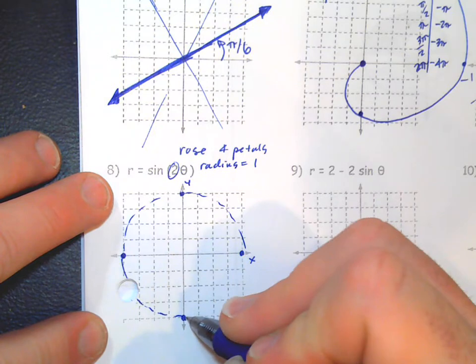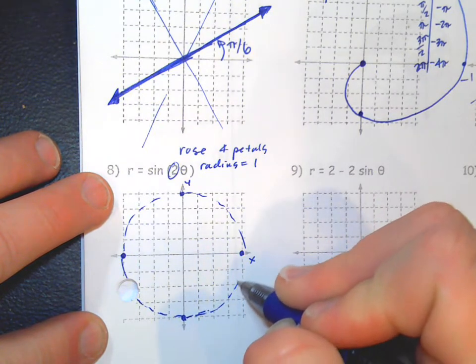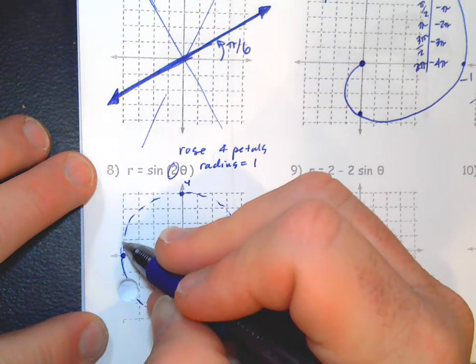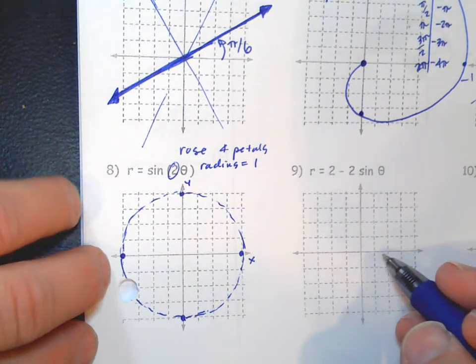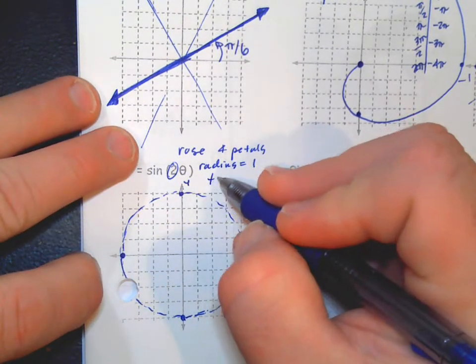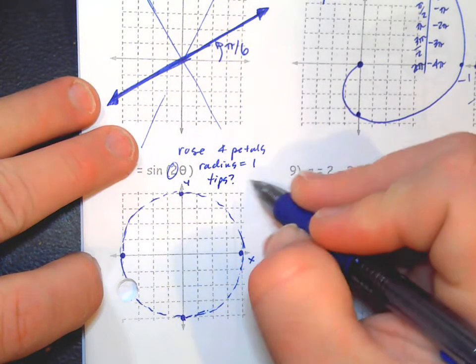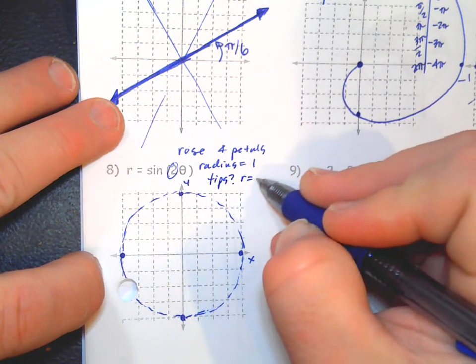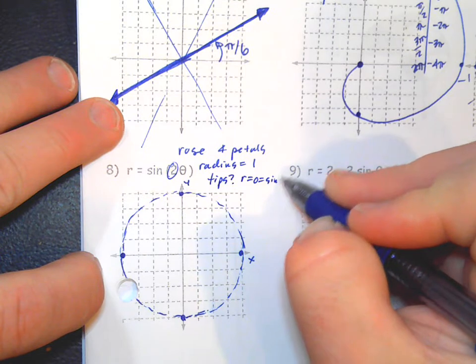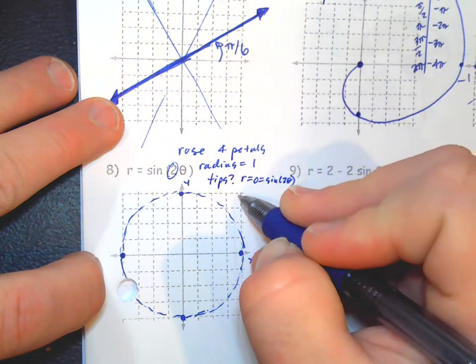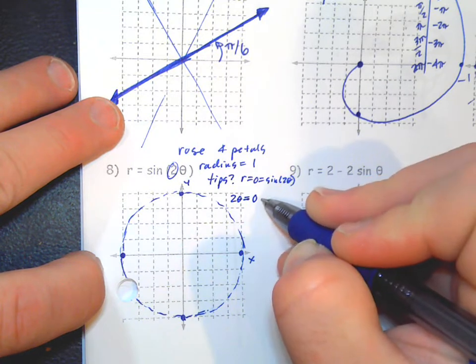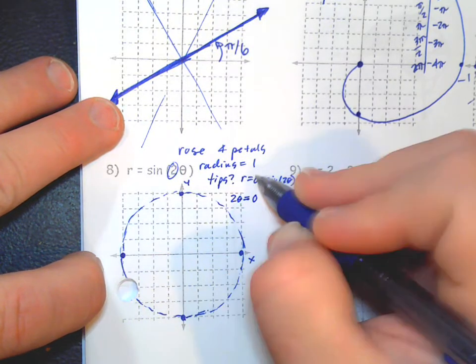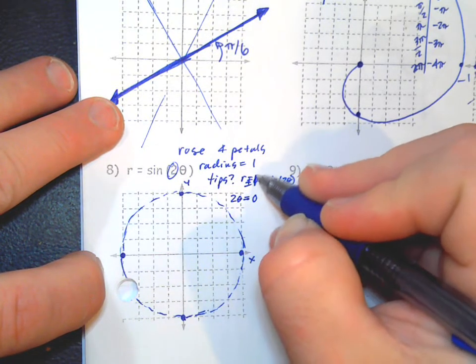If you don't do this and then I do it and your petals look like they're not long enough or too long, I'm going to take off points. We want to figure out what the tips are. And so that's going to be when r equals 0. And so sine equals 0 at 0. Oh, wait. Sorry. When r equals plus or minus 1.